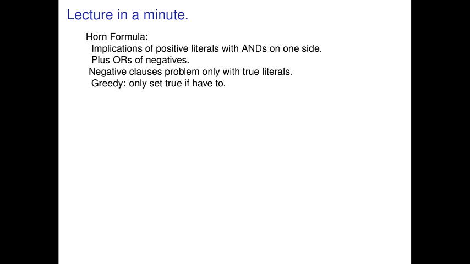And you also have some negative clauses with ors, so not X or not B. So we have a general formula with all these clauses, and now you need to set the variables so that all the clauses are true. What we're going to show you is a greedy algorithm where you only set variables to true if you have to.